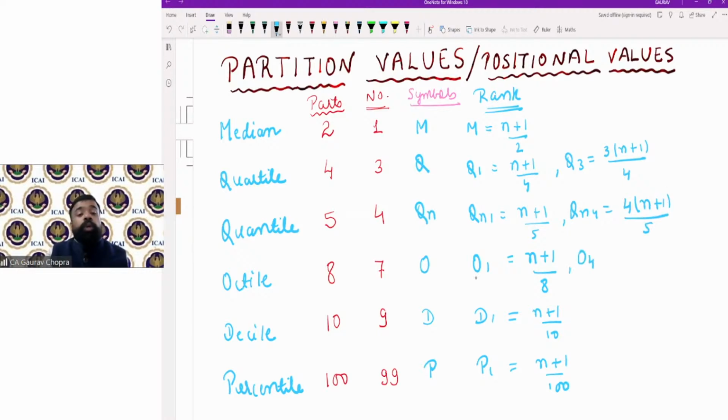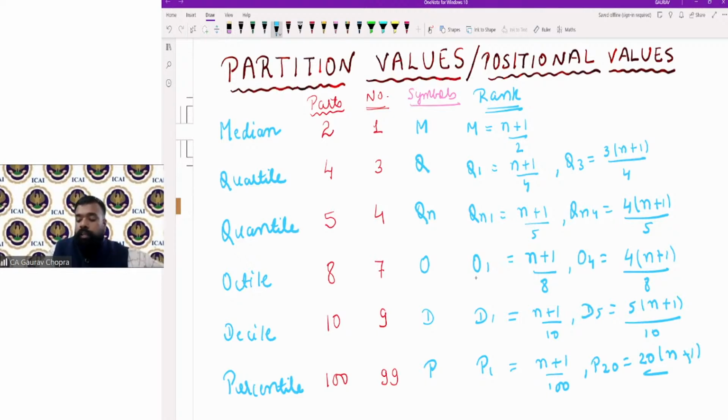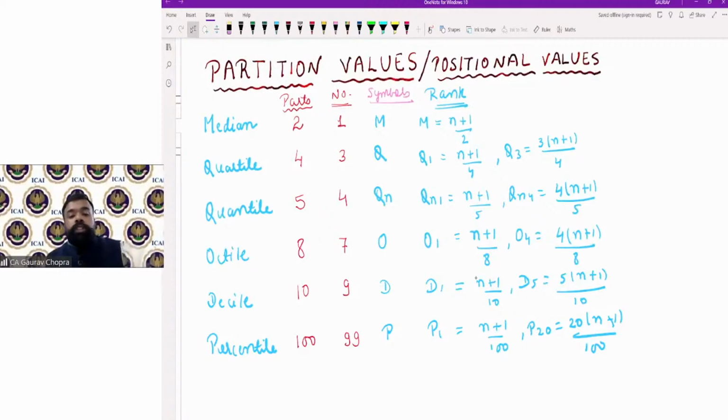If we want to calculate O4, then 4(n+1)/8. If you want to calculate, let's say, D5, it will be 5(n+1)/10. If we want to calculate P20, it is 20(n+1)/100. In this way, we can calculate all these positional values, all these ranks.